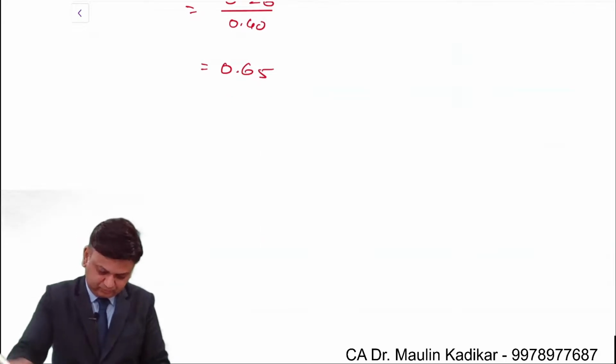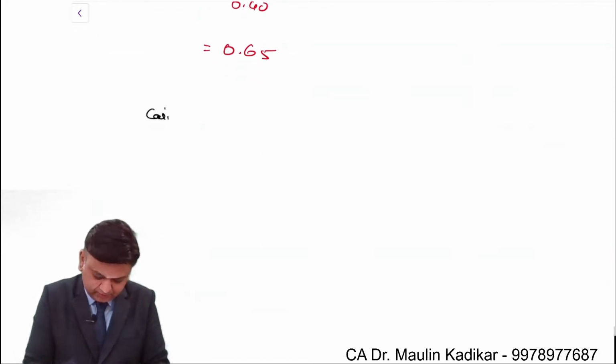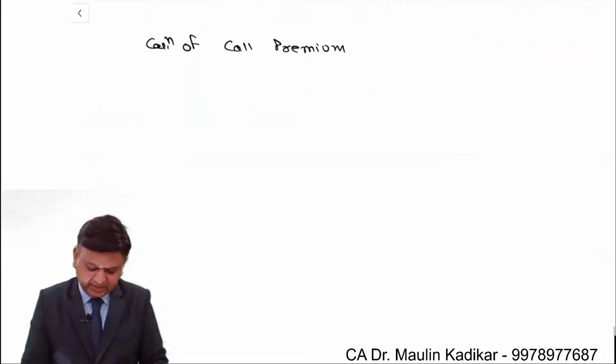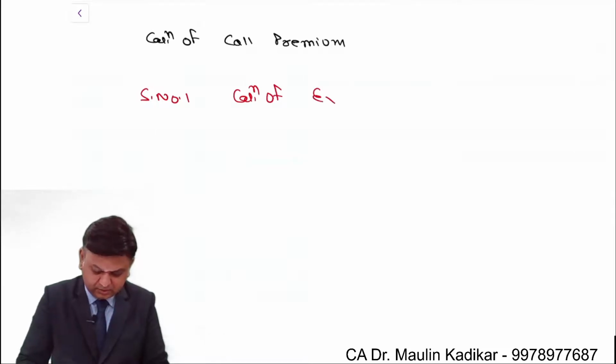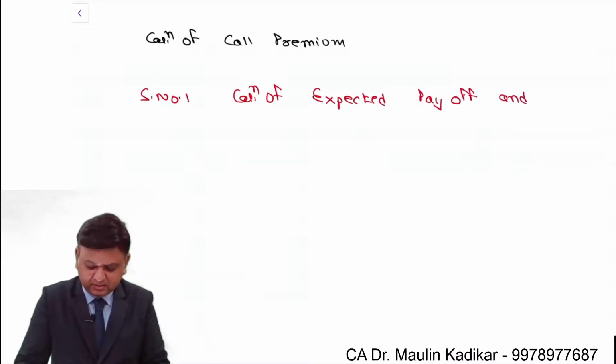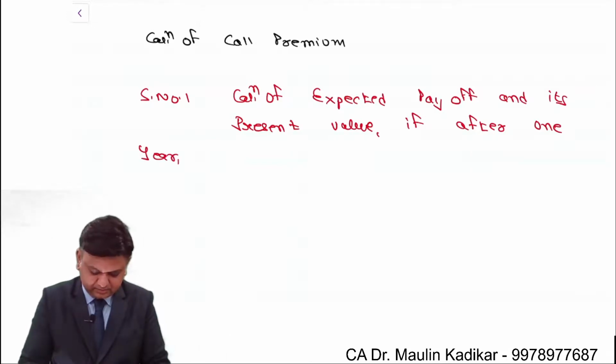Next, calculation of call premium. In that, step number 1, calculation of expected payoff and its present value, comma, if after 1 year price increases to rupees 60.